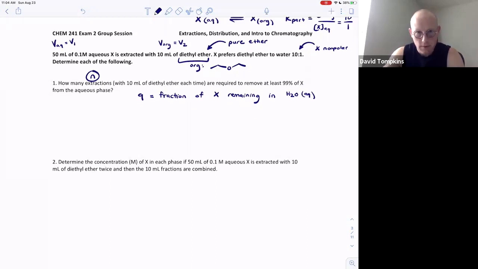So we want to remove at least 99%, or we want Q to be less than or equal to 1%. In other words, in terms of a fraction, it's less than or equal to 0.01.